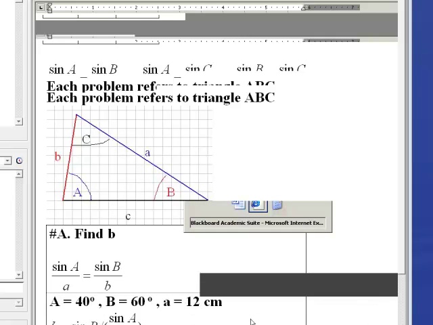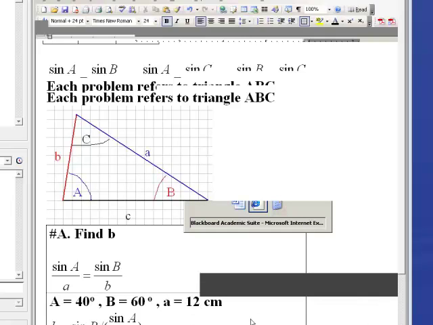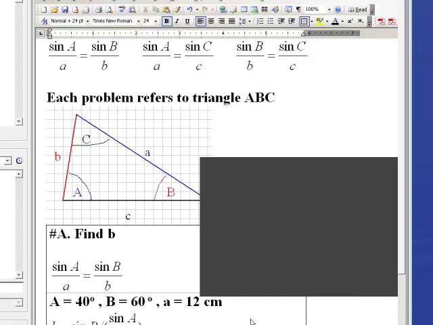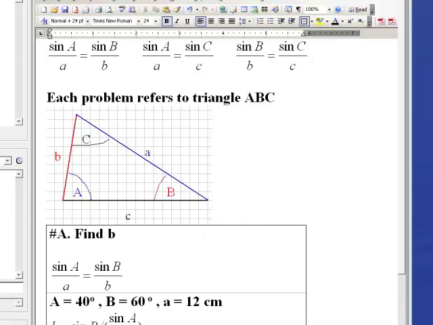So let's see, I have 60. Take the sine of that, divide by the sine of 40, multiply with 12. And I come up with 16.2 centimeters. And it looks like we have two significant figures, so I'm just going to say 16 centimeters.